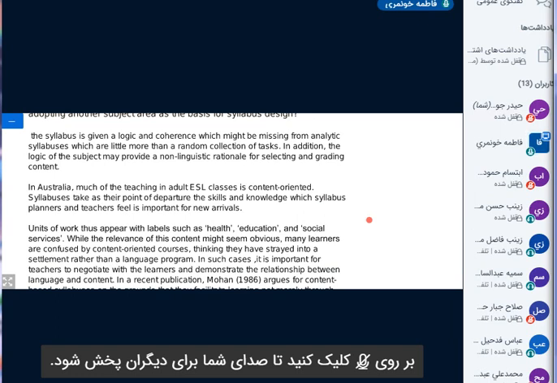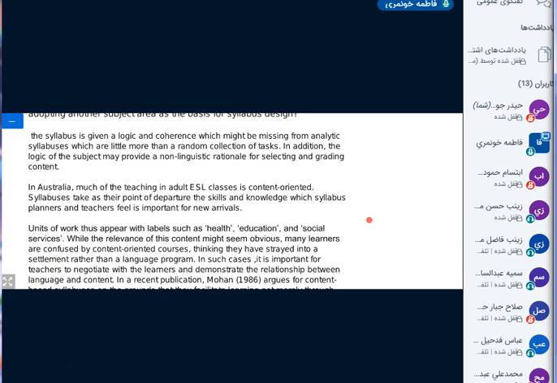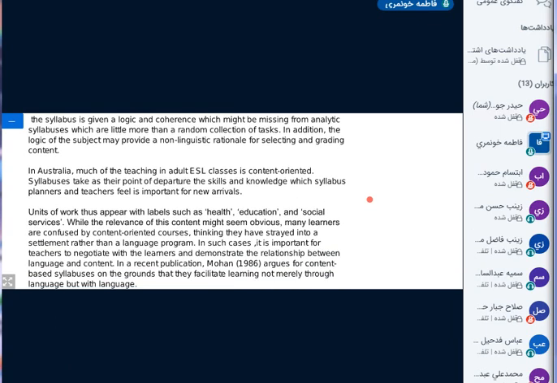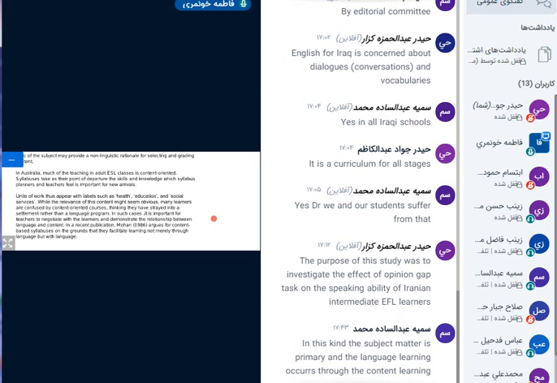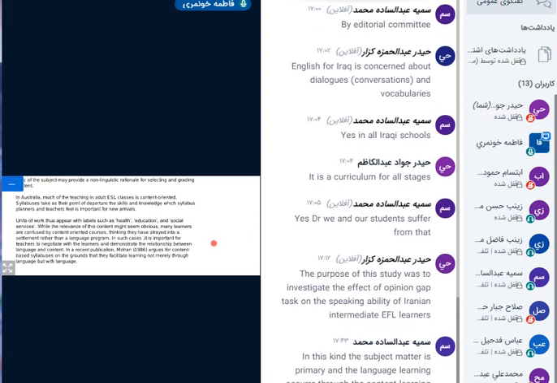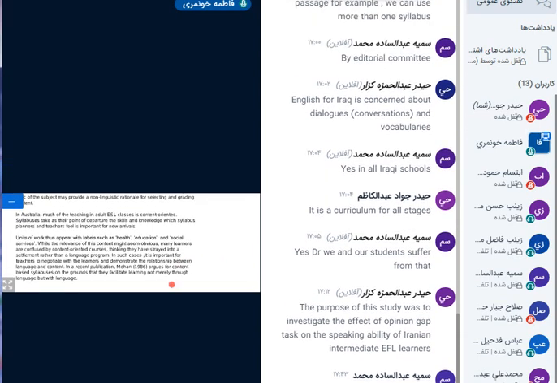In addition, the logic of the subject may provide the non-linguistic rationale for selecting and grading content, which makes it much easier for tasks to be selected and graded. And as an example of content-based instruction, here in Australia, much of the teaching in adult ESL classes is content-oriented. Syllabuses take as their point of departure the skills and knowledge. Sorry, wait a minute.